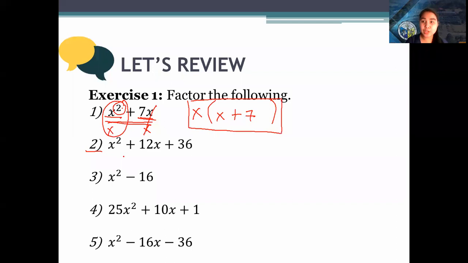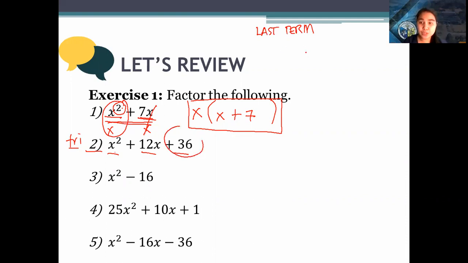Next, how about number 2? We have a trinomial. It means 3 terms, 1, 2, and 3. There's no common, so let's do the trial and error method. Here, let me teach you a technique. You look at the last number, the constant.